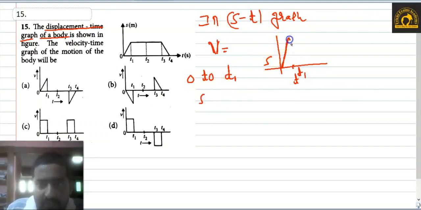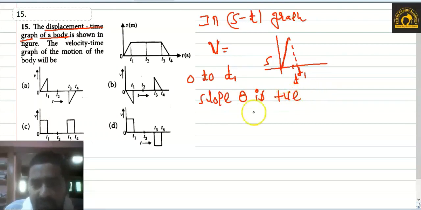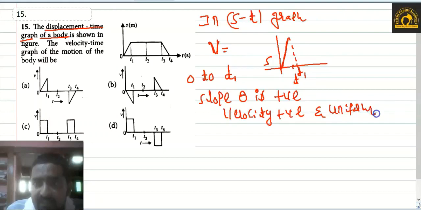This is theta. The slope theta is positive, which means the velocity is positive. And it is also uniform velocity, uniform because it is a linear curve.